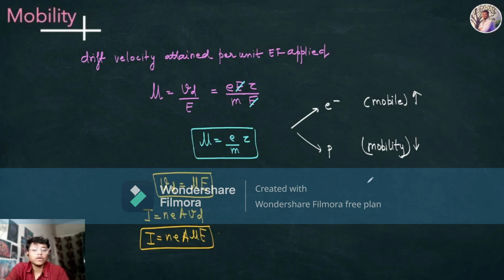We know vd equals E tau by m, so dividing by E gives mobility equal to e tau by m. So vd is equal to mu E. You have to learn this formula for numerical purposes. You have to learn all the formulas in the chapter; it will be important for the boards as well as for JEE.